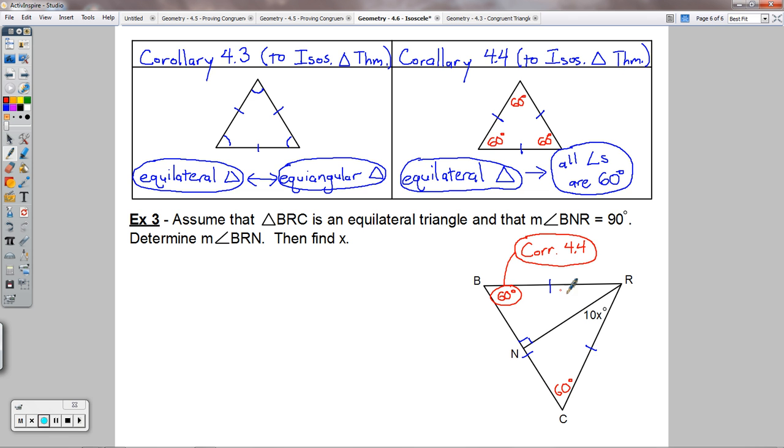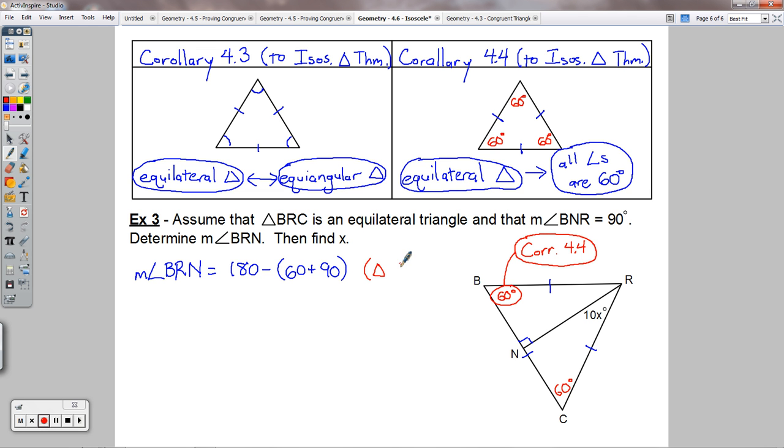So look at triangle BNR. That's going to add to 180. That means that the measure of angle BRN would have to be 180 minus those two added together, 60 plus 90. What's the reason for that?